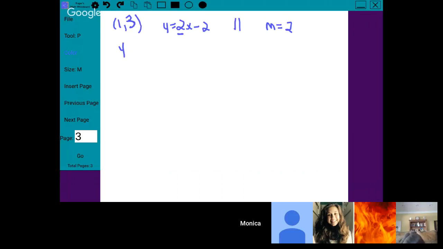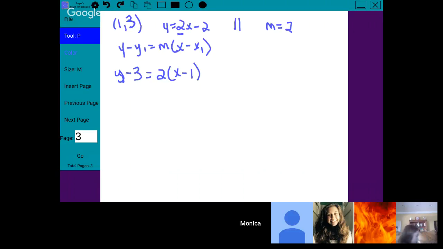So we can use this y minus y1 equals m times x minus x1, okay? So for that, we're going to have y minus 3 equals our m, which is 2, times x minus 1, okay?